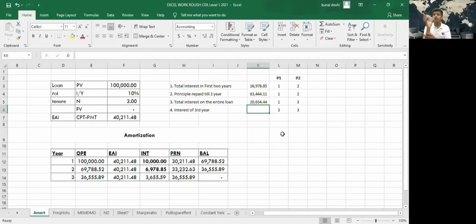If they ask you one of the component, then what you are going to do, guys? Then you are going to put second PV, P1 as 3, P2 also as 3. And then when you go down arrow, you'll get interest of 3655.5. Just check it, guys. Got it?